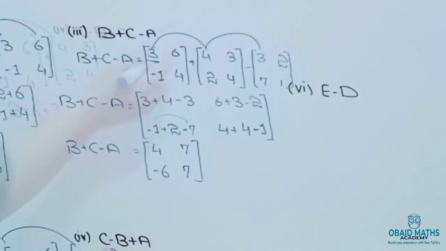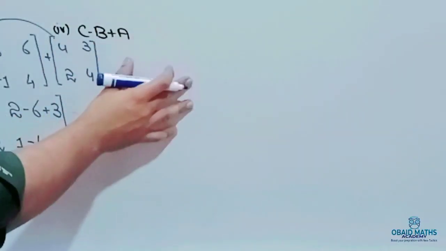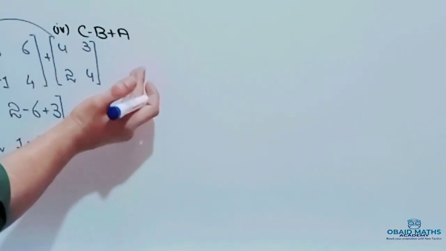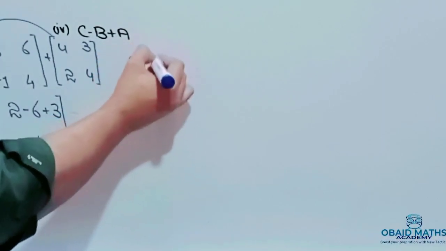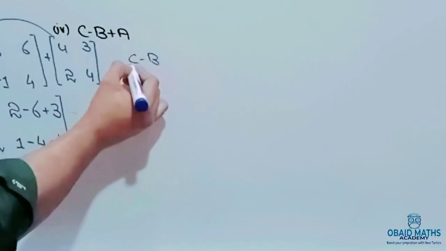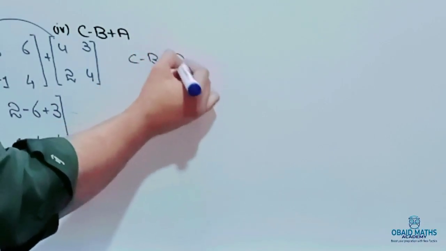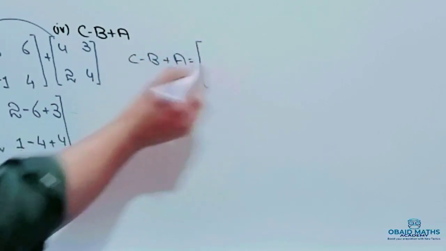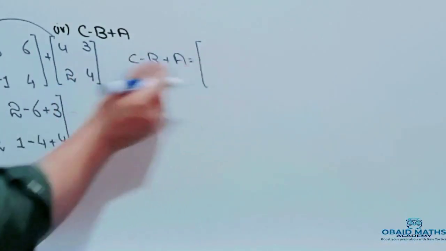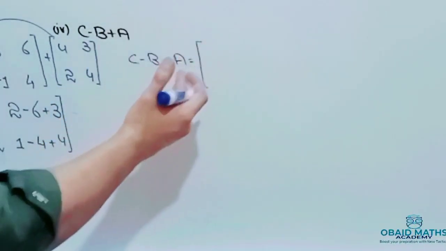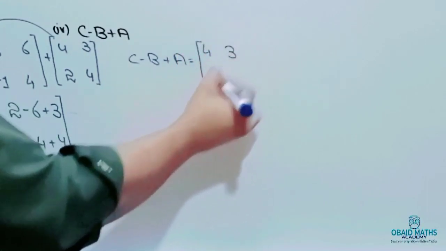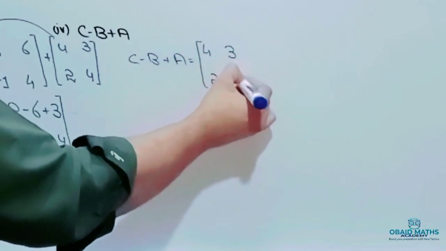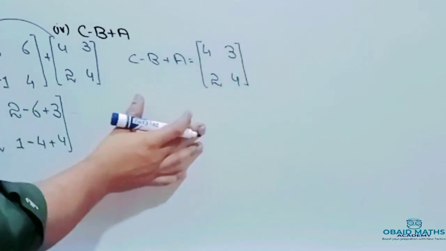So moving toward the fourth part, again there are three matrices: C, negative B, and positive A. The arrangement of the matrices will be the same: C minus B plus A is equal to, first we have to write the C matrix, which is 4, 3, 2, 4, matrix close.